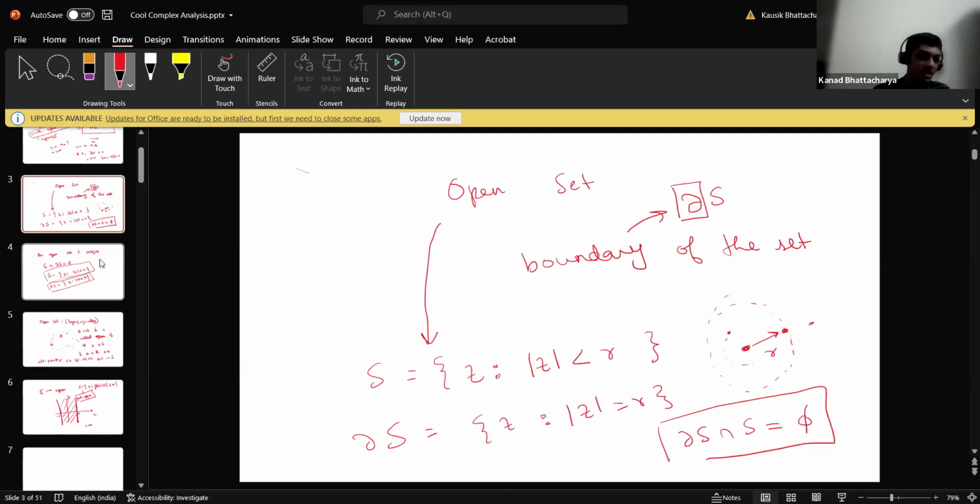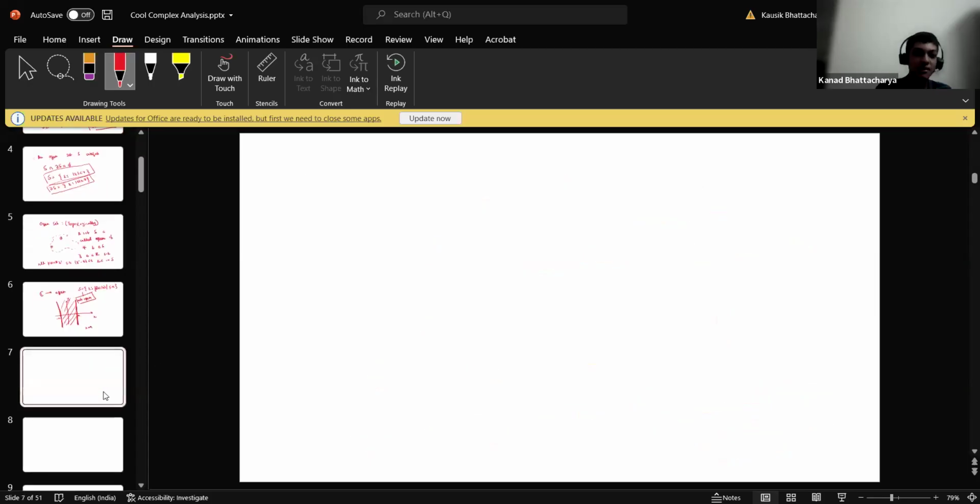If you're not getting this, that's okay. This is only for bookkeeping purposes. For the majority of the lecture, to get the bigger picture, you don't need the concept of open set. Just follow along. If you don't get it, it's fine. Try to capture the bigger picture, because it is slightly difficult if you're looking at this the first time.